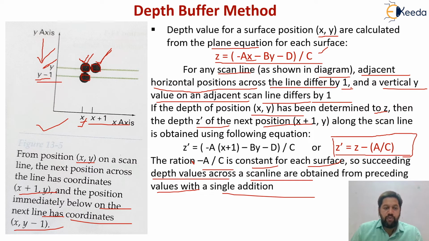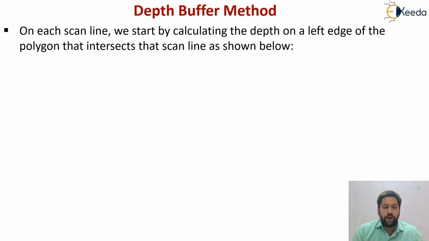But for x I am moving from left to right, so I process x, then the next value will be x plus 1. Remember, my depth buffer value is processed from y top to y bottom, and for x from left to right. That is the way we are going to process it. Let us move on to understand the next point.